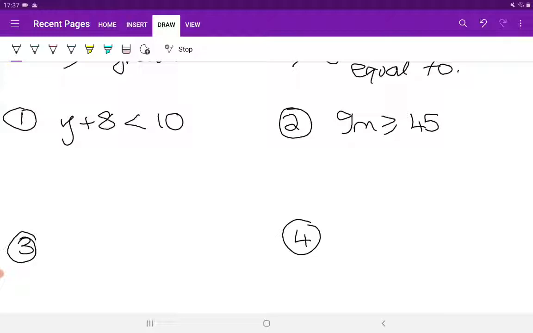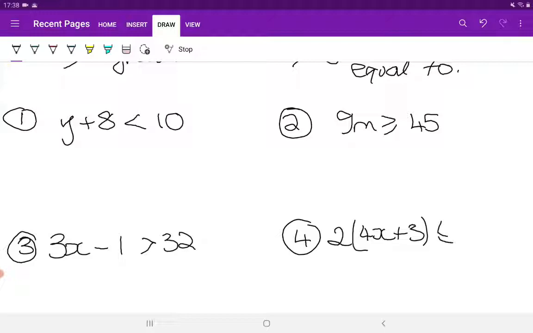We could have something like 3x minus 1 is greater than 32. Or we could have something like 2 bracket 4x plus 3 is less than or equal to 22.